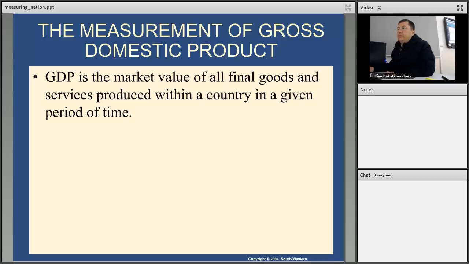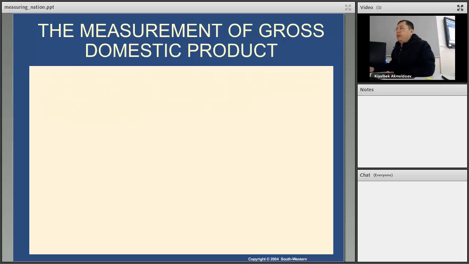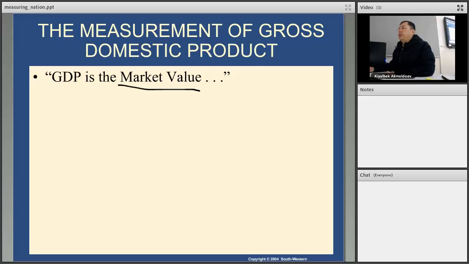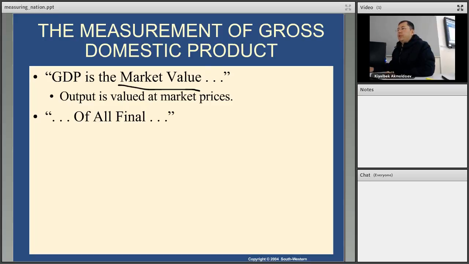So as I have mentioned before, GDP, or gross domestic product, is the market value of all final goods and services produced within a country in a given period of time. So we said market value. What is it? Market value is the price of goods and services. Output is valued at market prices.